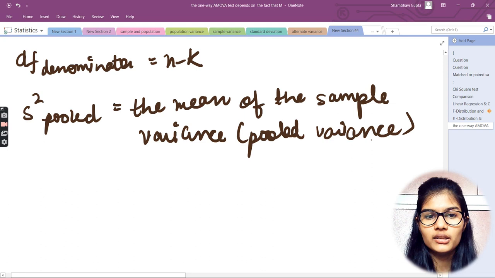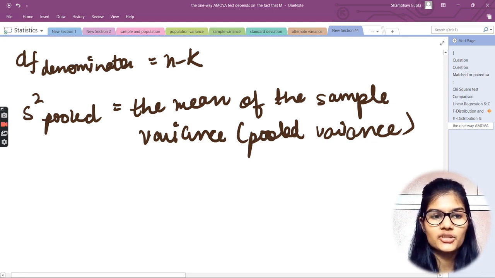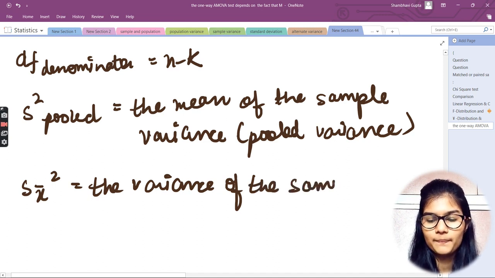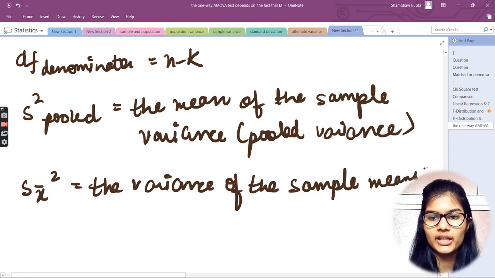The mean of the sample variance is called the pooled variance. And next, Sx bar squared is equal to the variance of the sample means.